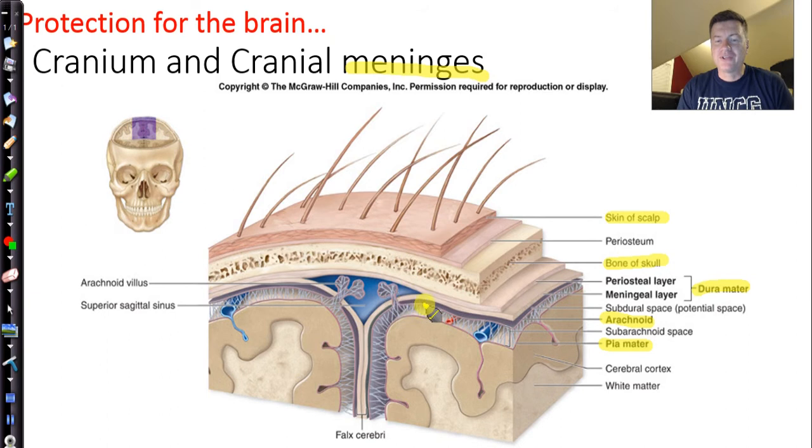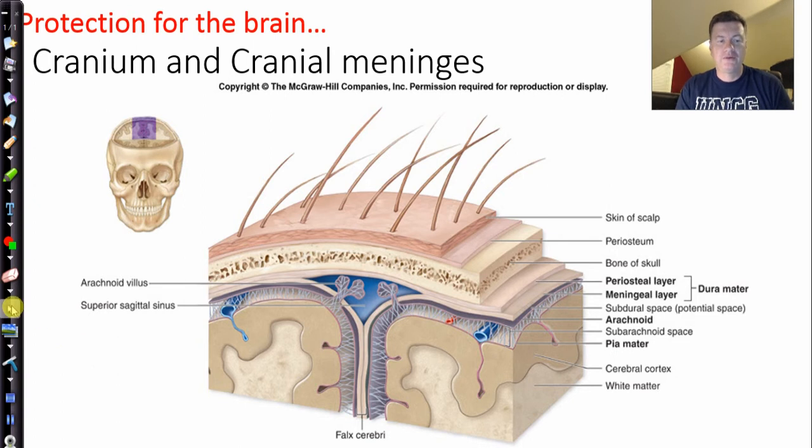And you see, for example, here the separation, we have this space formed that's actually between the, if you kind of follow it all the way here, the periosteal layer is here and the meningeal layer is here. We have this space called a sinus, and we'll talk about its role in just a moment. But we're going to have the same meninges serving the same protective layers as they did in the spinal cord.